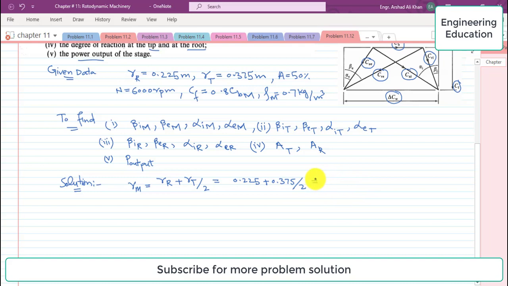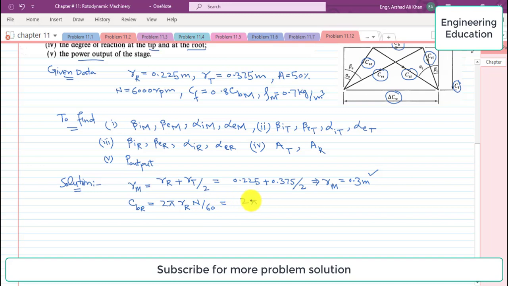So the mean radius value comes out 0.3 meter. Also the blade velocity at root is equal to 2 pi r into n by 60.